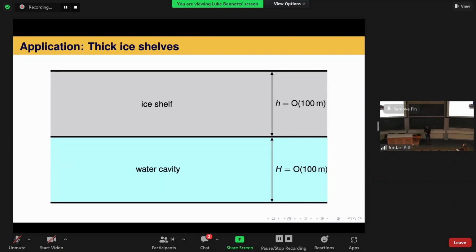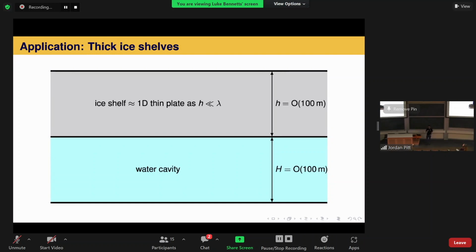Now, ice shelves are, or can be, hundreds of meters thick, which is comparable to the depths of the water cavities on which they sit. But despite that, it is very common for myself and others to model ice shelves as thin elastic plates.